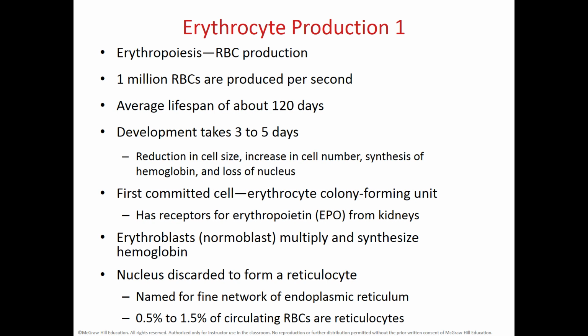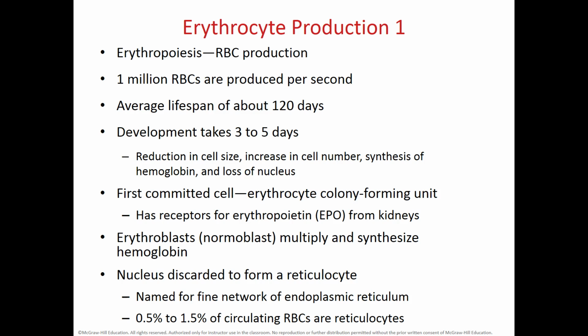Let's talk specifically about the production of red blood cells, which is known as erythropoiesis. We produce around 1 million red blood cells per second. These red blood cells live for around 120 days, or 4 months, and their development takes between 3 to 5 days.